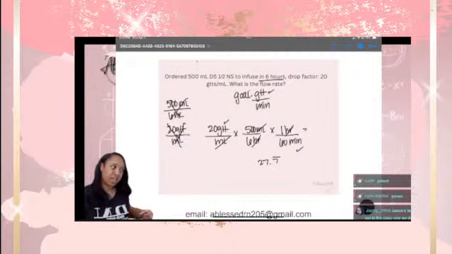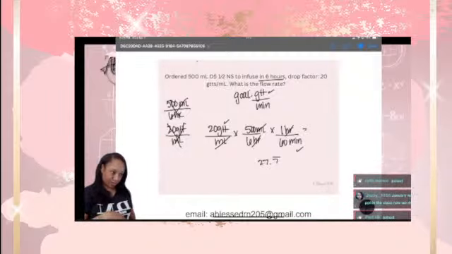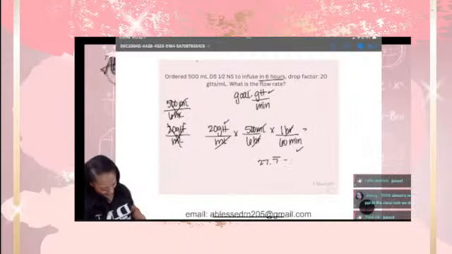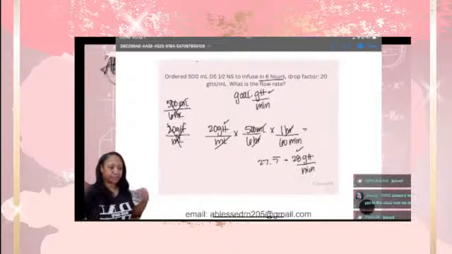You can't give 0.77777 of a drop. You either give one drop or you don't give a drop at all. So you have to round to the nearest whole number, which is 28 drops per minute. Boom, boom. Bye-bye.